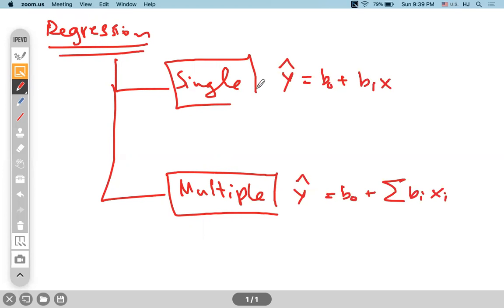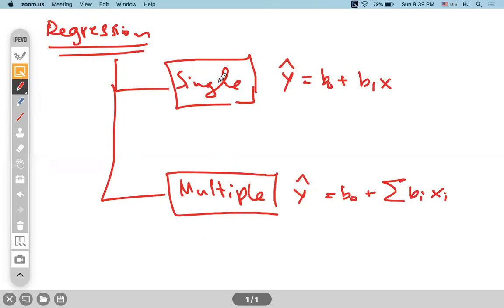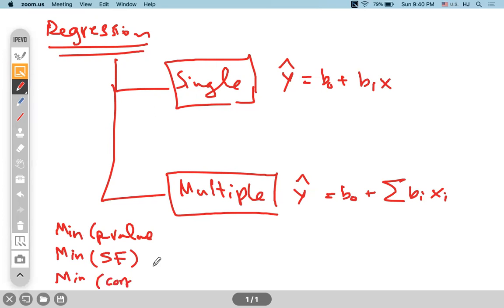That's why we describe it as multiple regression. With any one of those models, keep that in mind, whether it was single regression or multiple regression, our aim is to find the minimum p-value, not the maximum, sorry. The minimum p-value. We try to figure out the model that gives us the minimum standard error, the minimum correlation between the dependent variables.